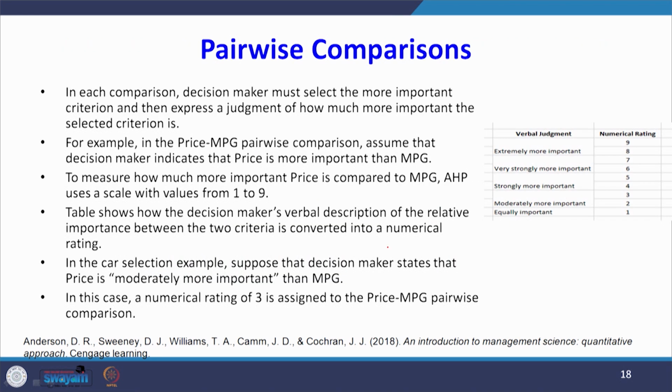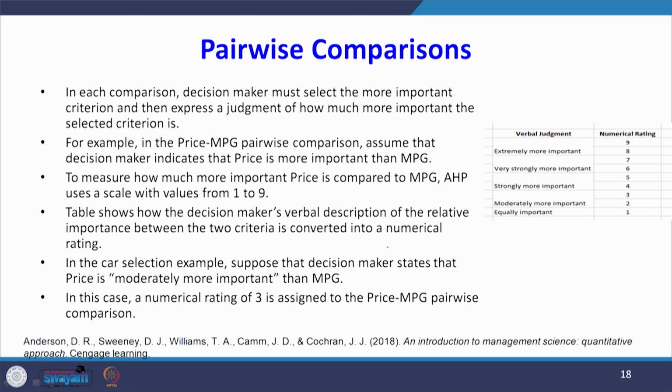In each comparison, the decision maker must select the more important criterion and then express a judgment of how much more important the selected criterion is. For example, in the price versus miles per gallon pairwise comparison, assume that the decision maker indicates that price is more important than miles per gallon.